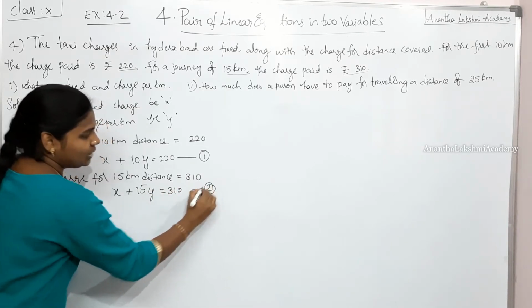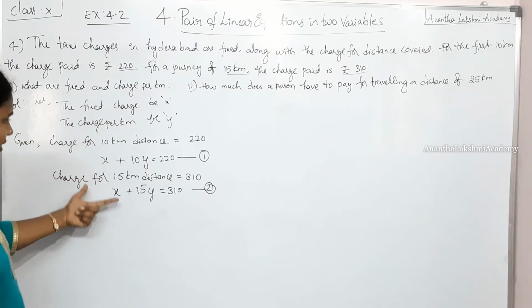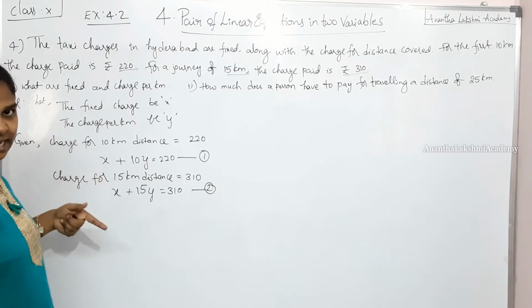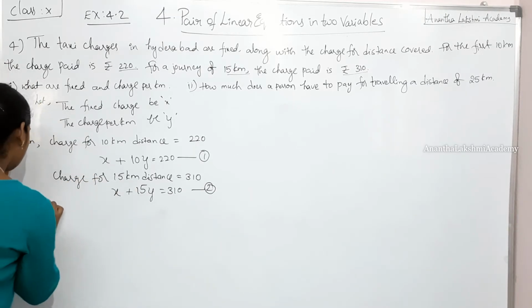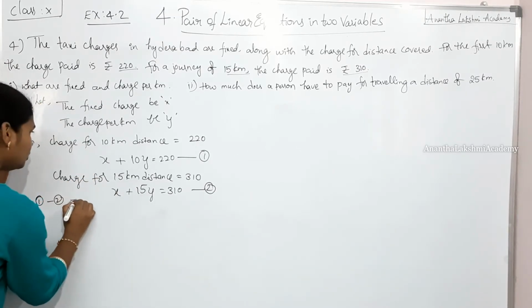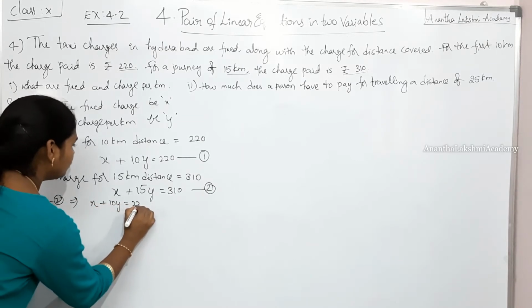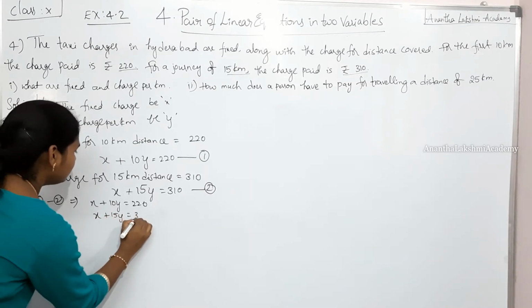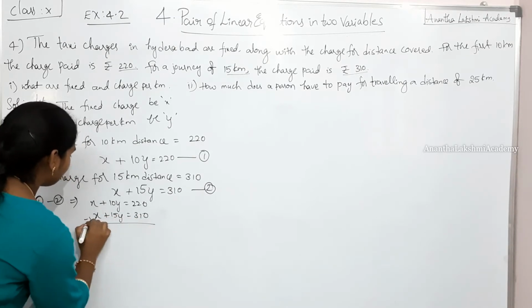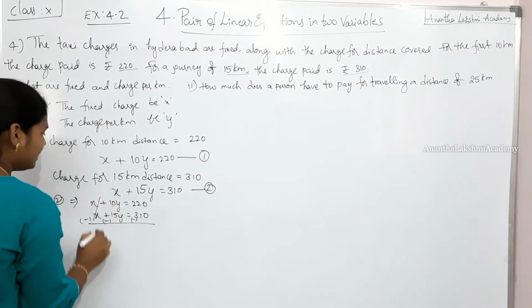We got two equations. If you look at this, X and X have the same coefficients and their signs are also the same. Since their signs are the same, I am going to do the subtraction. So equation 1 minus equation 2: X plus 10Y is equal to 220, X plus 15Y is equal to 310. I am going to subtract, the sign changes, and X and X get cancelled.